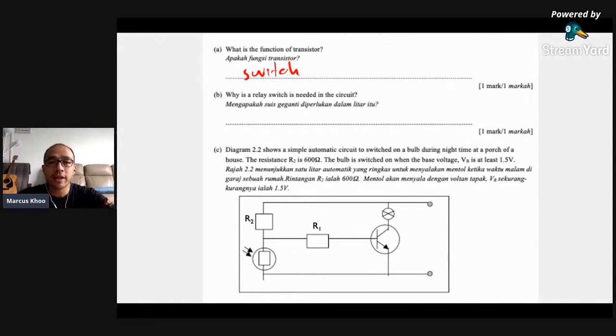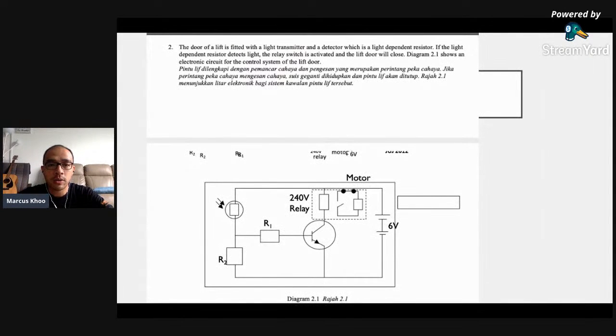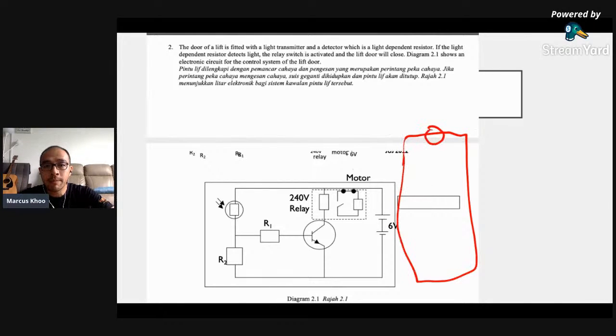Why is a relay switch needed in the circuit? Sometimes you will see different circuits where suddenly there is another branch outside here, and over here is the bulb. This is connected to this one using a relay switch.